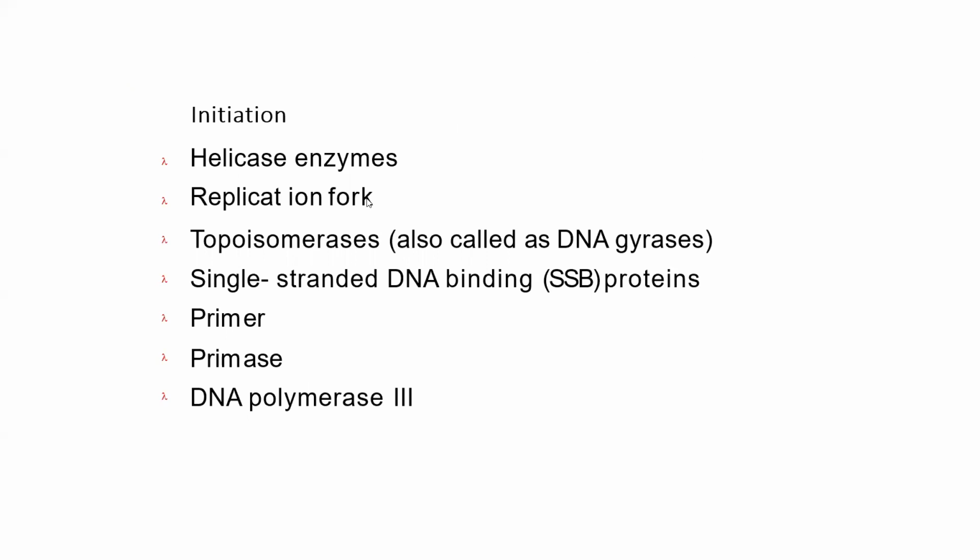I have written here replication fork. Helicase enzyme is the initiator. Separation of strands by helicases produces stress in the supercoiled structure of DNA, which is relieved by topoisomerases, which are called DNA gyrases. So DNA gyrase and topoisomerase are the same.